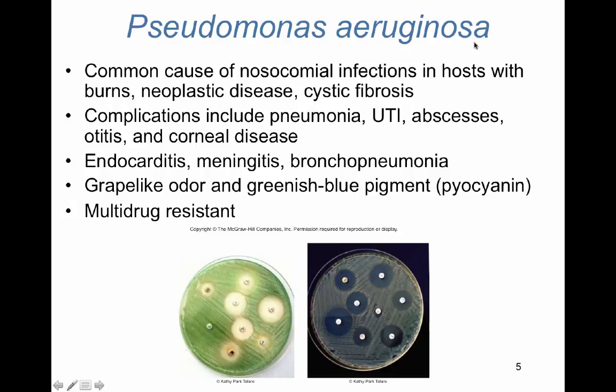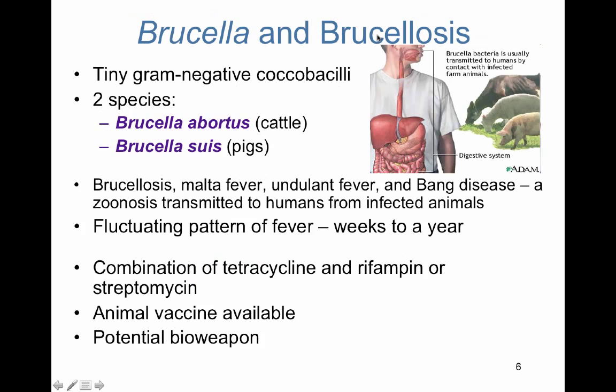And this particular species, so I mentioned before that they can produce water-soluble pigments. For aeruginosa, it's this pyocyanin. And again, we're seeing a lot of antibiotic resistance associated with this opportunistic microbe.